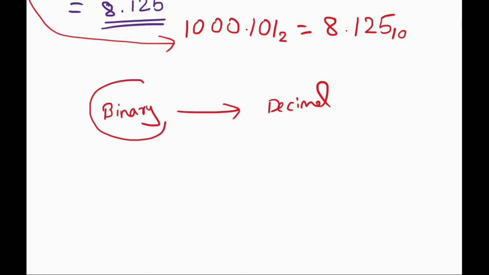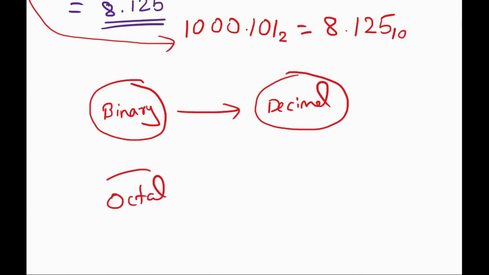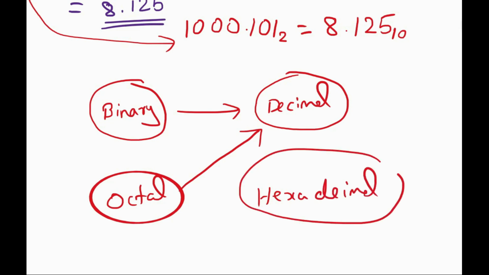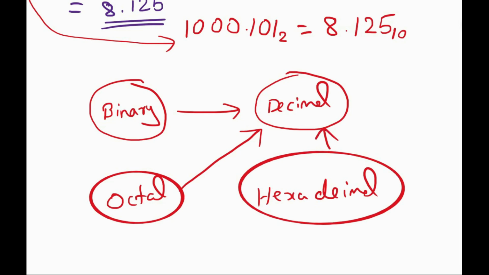We have to check the other conversions also, that means the conversion of octal to decimal, and also the conversion of hexadecimal to decimal. We will see these two conversions in the next video.